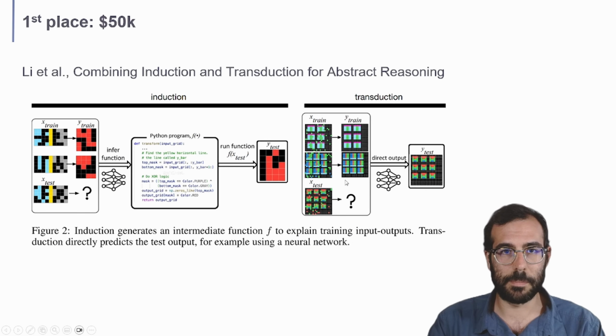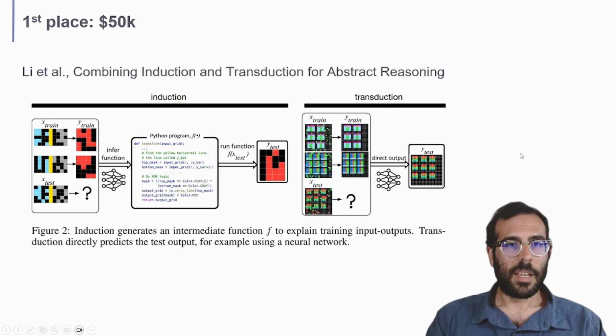solve the ARC challenge. So the first place prize, which was $50,000, went to this paper from Lee et al., last author Kevin Ellis, combining induction and transduction for abstract reasoning. And the basic idea here, and I think I've already shown this plot in the previous lecture, is that you have both an induction system and a transduction system.